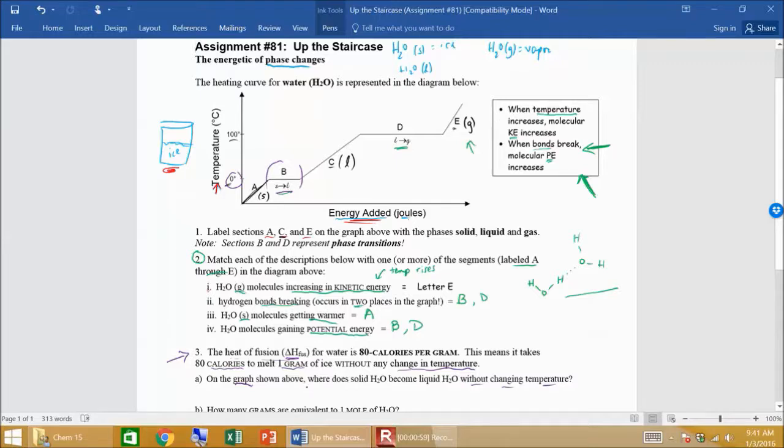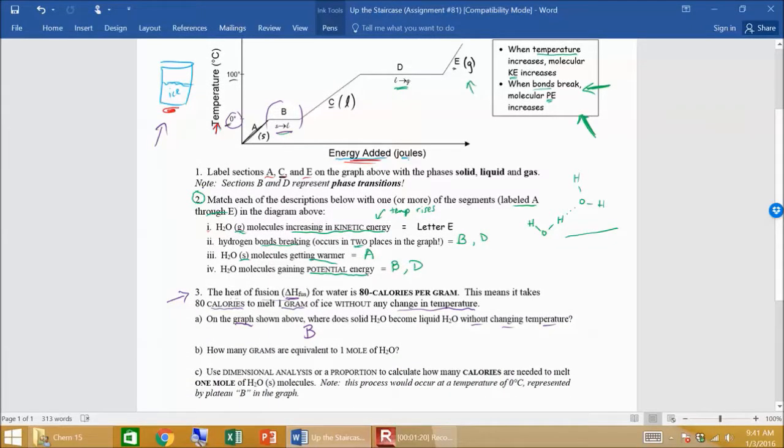And so there is a time when all the energy from the heating element will be going into breaking bonds rather than raising the temperature. That's the phase transition. That's B. Now you try to do the math for questions 3B and 3C here. Try to do the math on your own. I'll show you the answer after you've paused the tape.